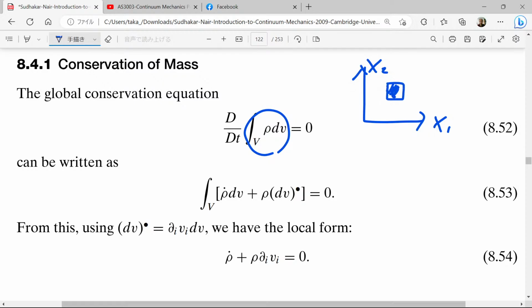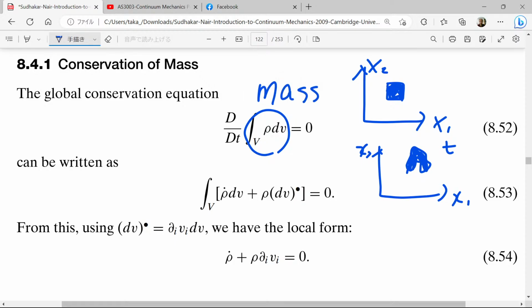At some later time this thing becomes a funny shape like this, for example. But this material is conserved. This is mass. Mass is conserved.